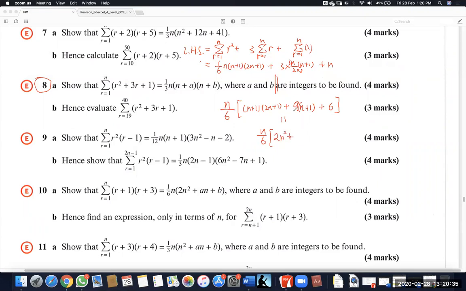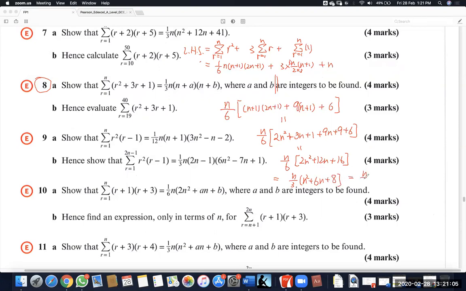And then I just expand everything inside, and then simplify a little bit. One factor of 2 can be simplified. n squared plus 6n plus 8.